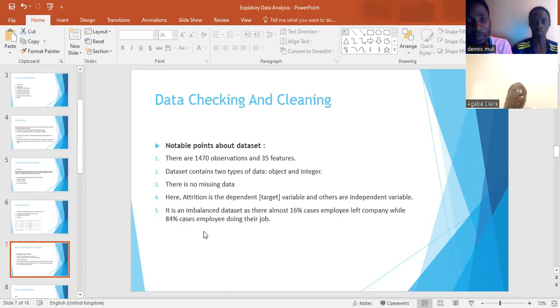Attrition is the dependent or target variable, and the others are independent variables. It is an imbalanced data set, as almost 16% of employees left the company, while 84% of the employees are still carrying on with their job.